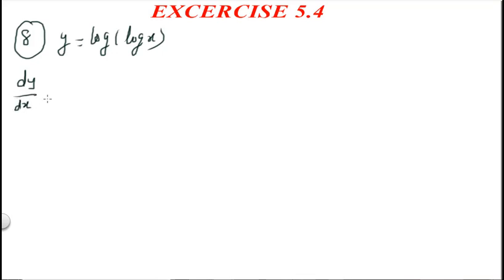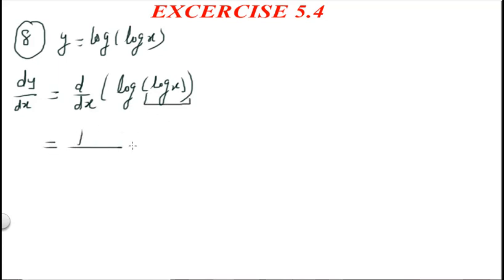Now I'll discuss question number 8. The function given is log of log x. So this is the function which we have to differentiate. Differentiating both the sides with respect to x, we get d by dx of log x. You know differentiation of log x is 1 by x.